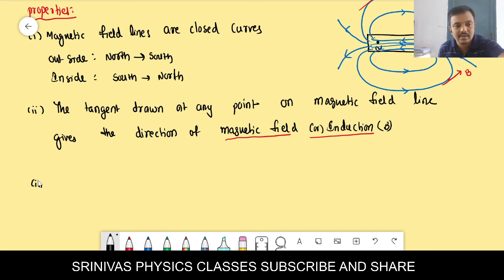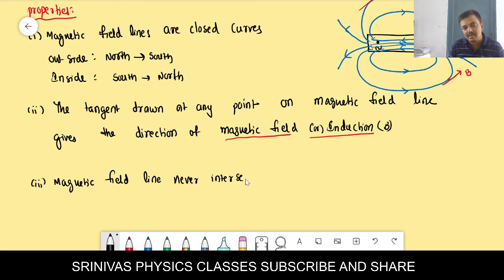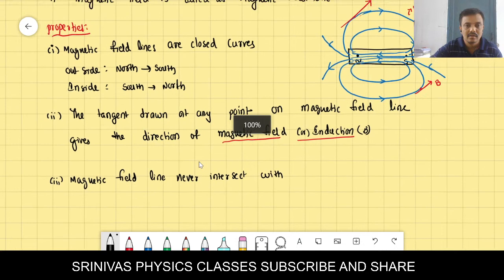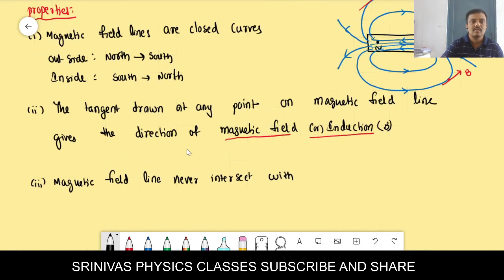Magnetic field lines never intersect with each other. Why do they not intersect with each other?